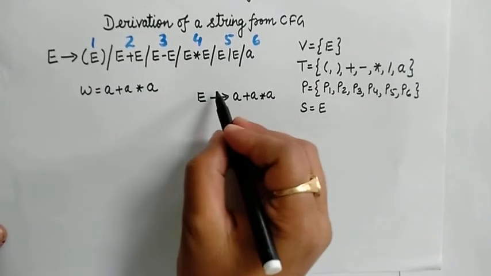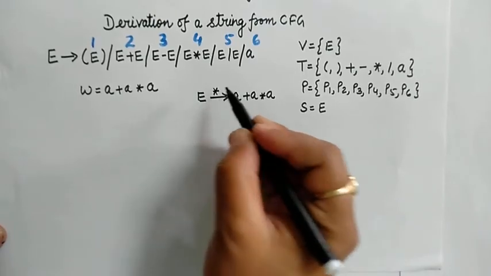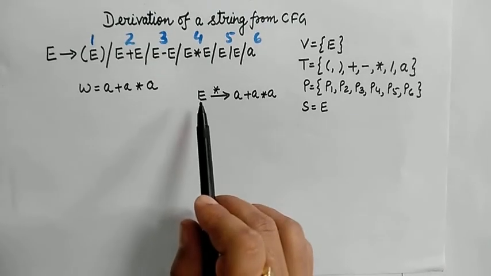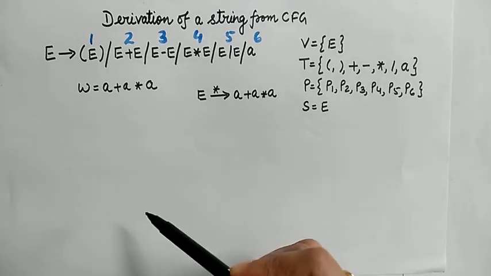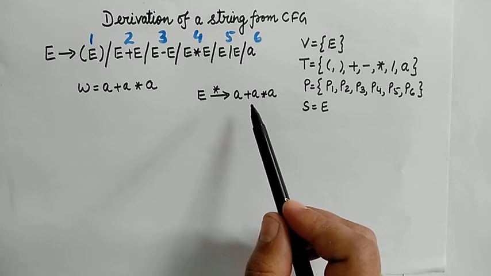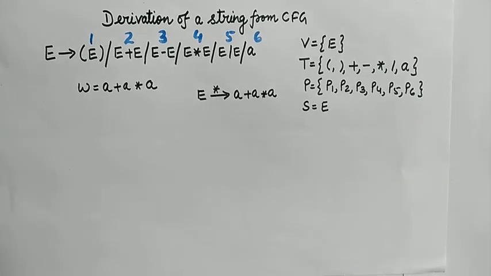This is not direct, it is indirect actually. Starting from the start variable, we have to reach this string, and this is the generation of the string from this grammar, which is also called the derivation of the string.